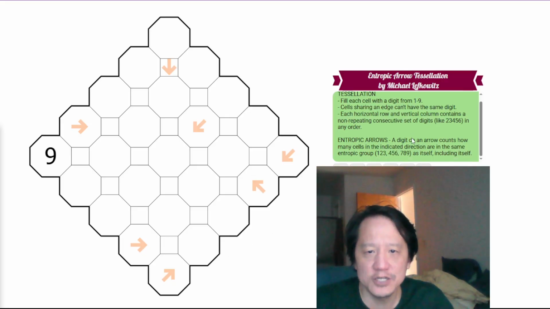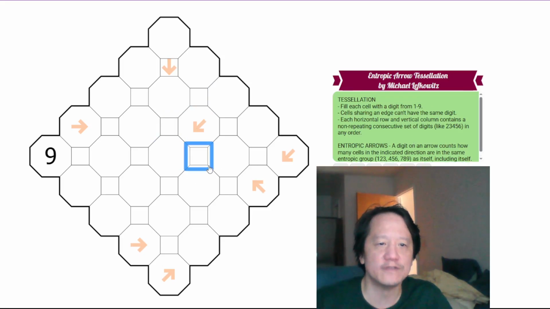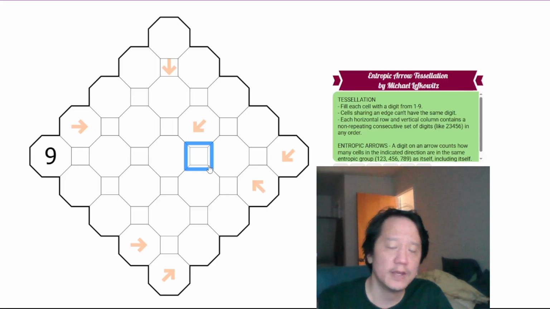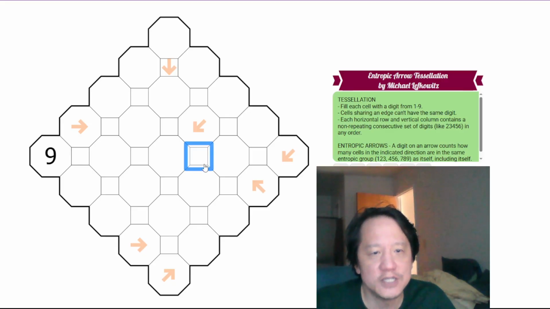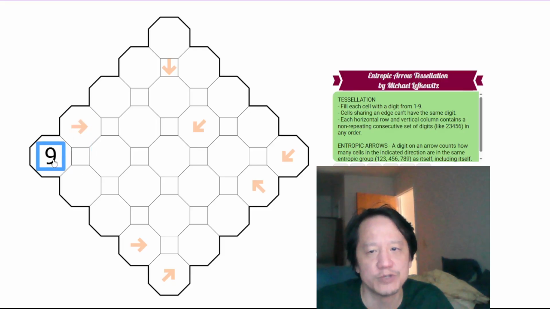We have tessellation rules where we need to fill each cell with a digit from 1 through 9, and cells sharing an edge cannot have the same digit. So for example, since this is a 9, none of these digits can be a 9 because they all share an edge with it.